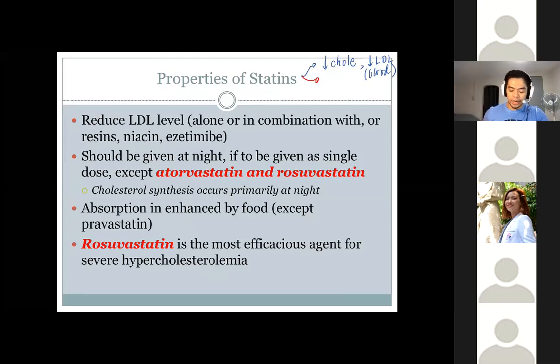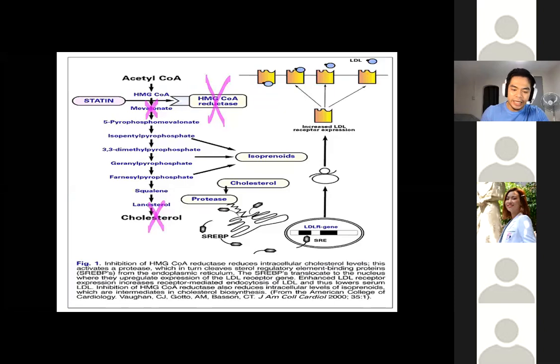Please remember that the target of statins is the de novo synthesis. Naalala nyo kanina yung de novo? Di ba ito yung de novo synthesis? So, ang de novo synthesis ay ang primary source ng liver ng cholesterol. So, if we are going to use statins, de novo cholesterol synthesis won't be enough. Okay? Would not be enough.